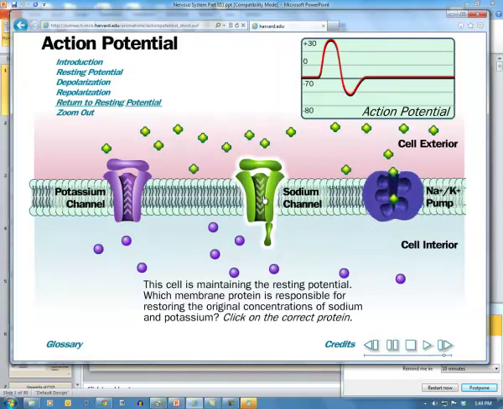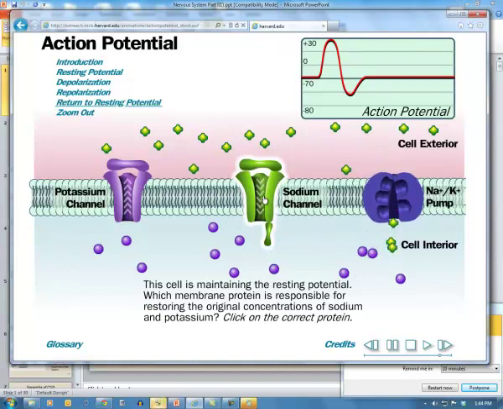And threshold is a specific millivolt value that is specific to the particular cell. Different textbooks use different numbers.